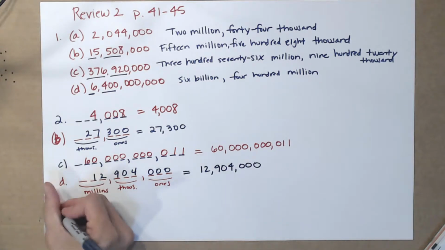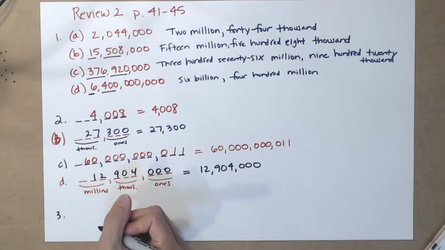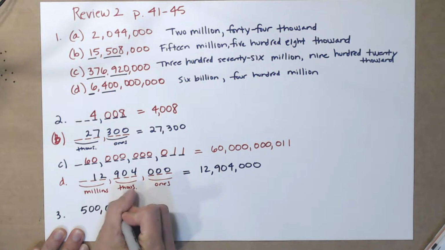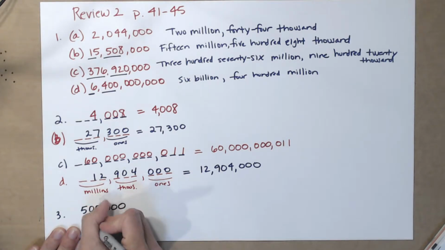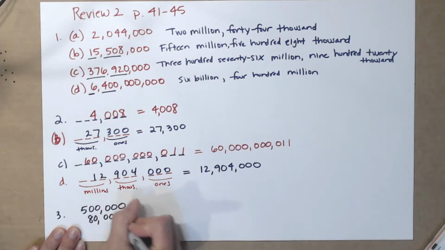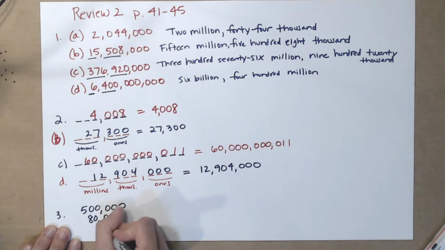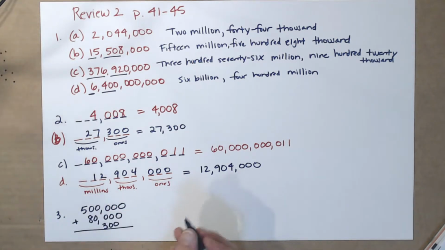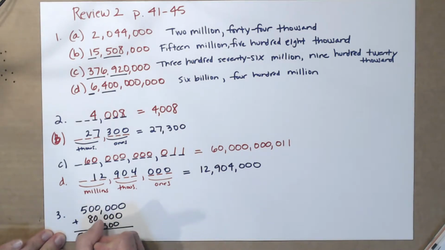Okay, number 3. Find the value of each of the following. So it has 500,000, and then it has 80,000, and I'm just going to write these vertically. You don't have to, and then 300. So you could line them up like this and just add them, and you'd get 580,300.